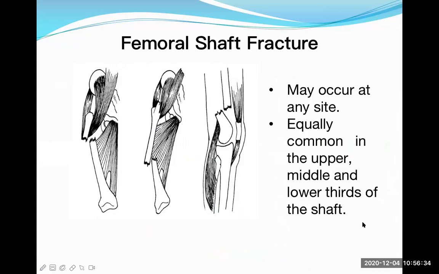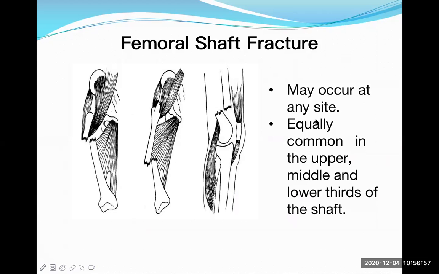Now, this slide is telling us the mechanism of displacement in femoral shaft fracture, and where the fracture commonly occurs. Now see here is the femur bone. This is the upper part of the femur, this is the middle part, and here is the lower part of the femur.